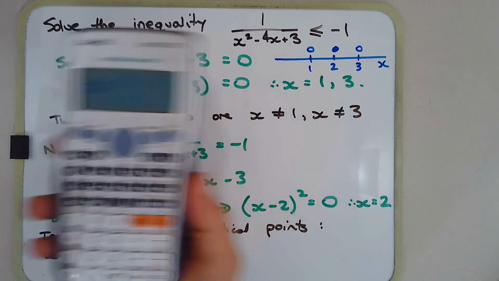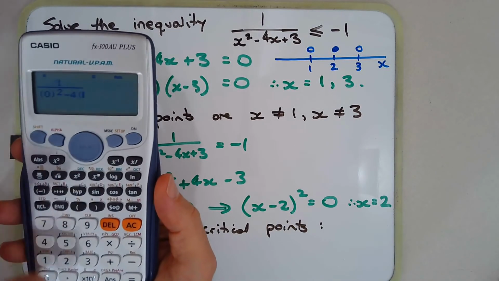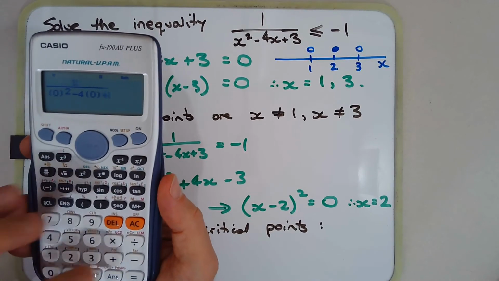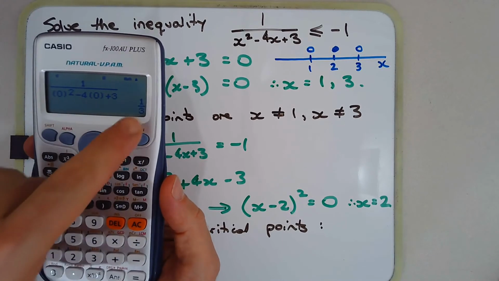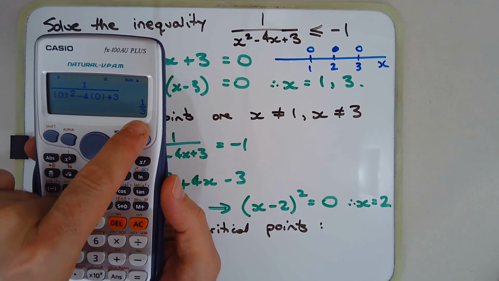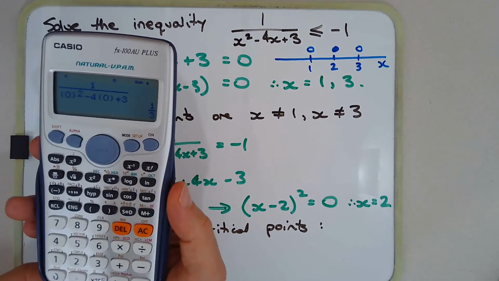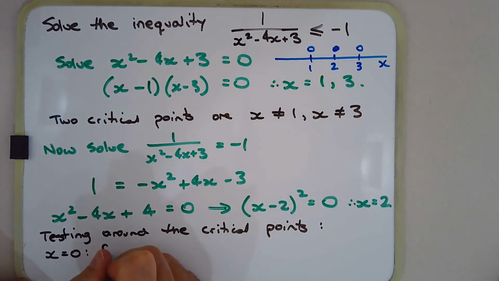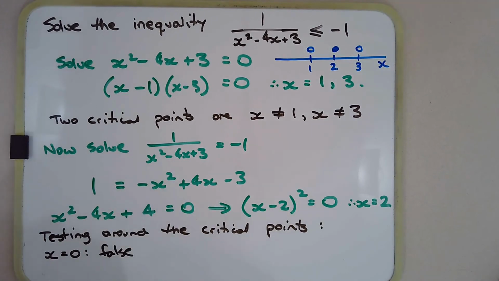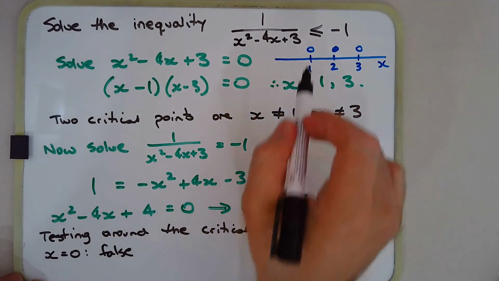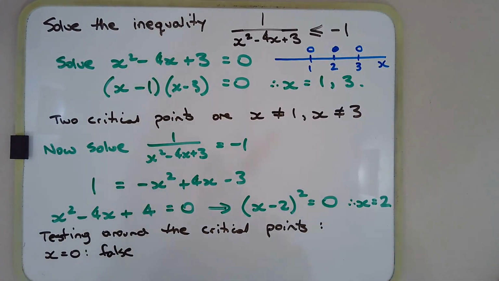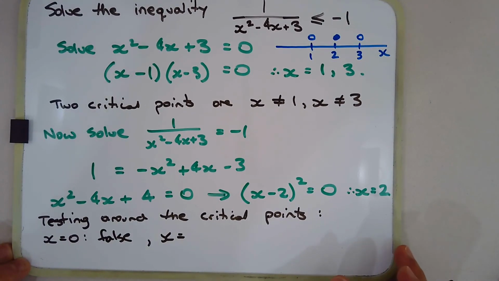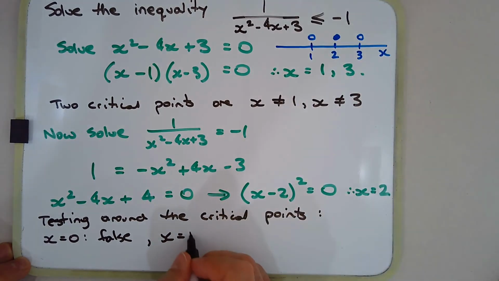I'm just going to type it in first: 4 outside of 0 plus 3, and we get 1/3. 1/3 is in fact greater than -1, so that fails. I'm running out of space here, so I'm not showing the full calculation. So that's false.